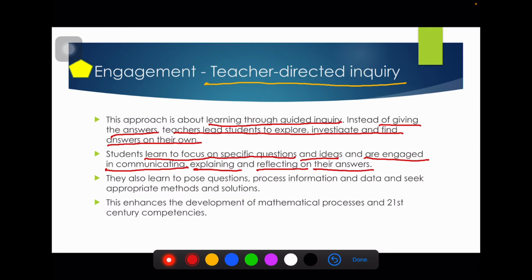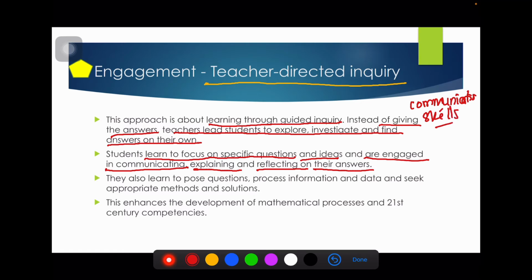Here, students need to be able to communicate. So it is encouraging them to become more confident with themselves and to enhance their communication skills.